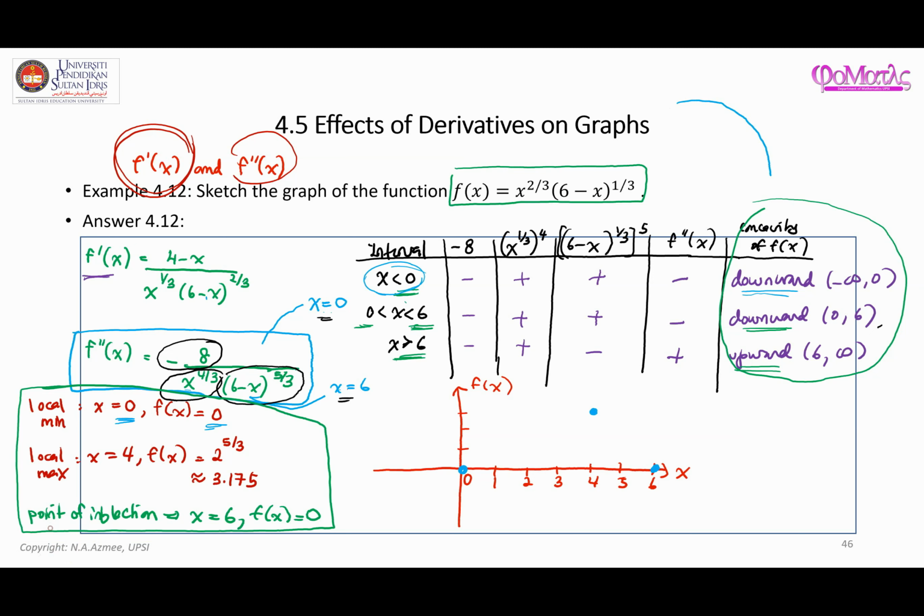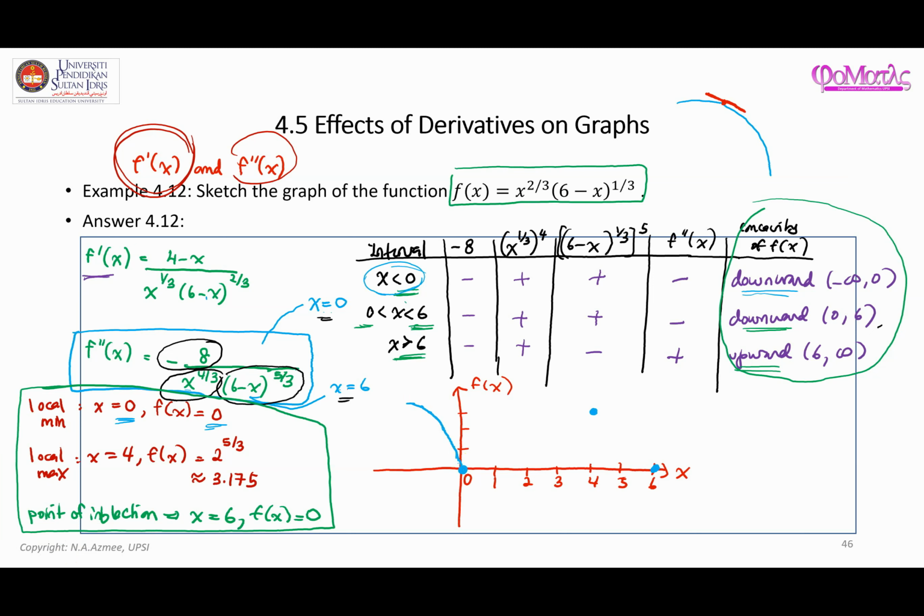Because if I select a point here, I can see that the tangent line is going to be above the curve, and therefore we say that this is concave downward. If you don't remember, you have to recall the definition of concave downward and concave upward. So we can imagine the graph is decreasing, but in a concave downward manner, something like this.